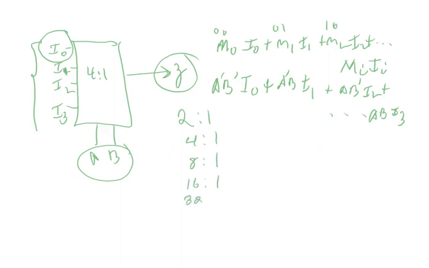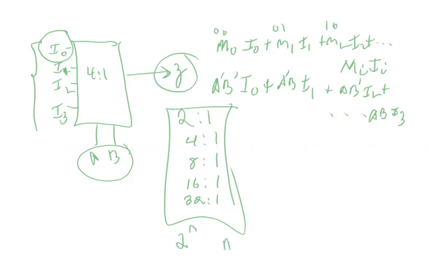I don't think you'll find any 32-to-1s in the shop, but they do exist. So you have integral powers of 2, 2 to the n, where n is 0 through infinity. You have ginormous multiplexers. If it's infinity, it's very big, because that's what infinity is. It's just really big. What do you think of that?